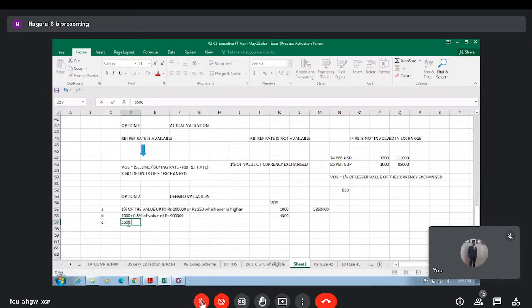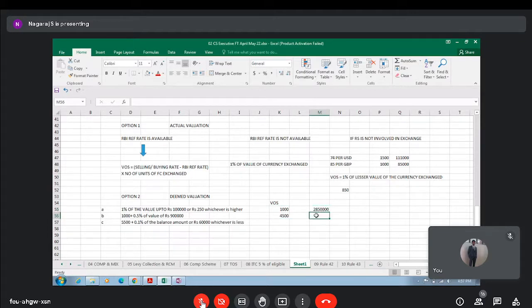5,500 plus 0.1% of the balance amount or rupees 60,000, whichever is less. What is that? 5,500 is these two, for 10 lakhs. What is the balance amount now?